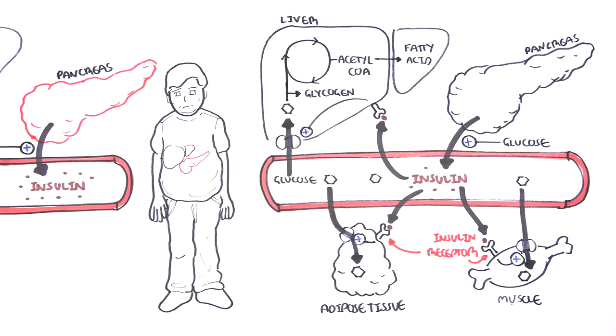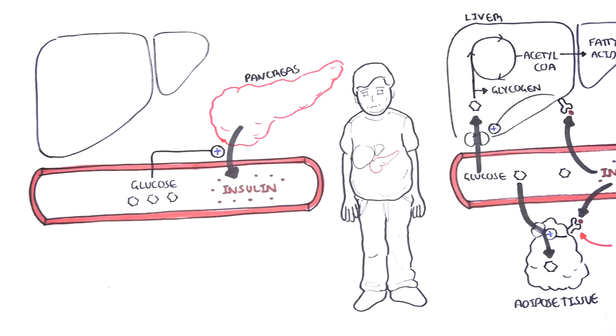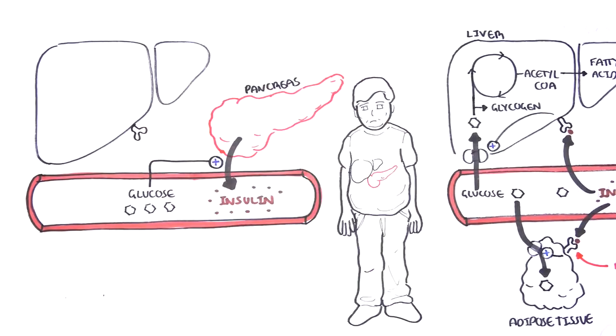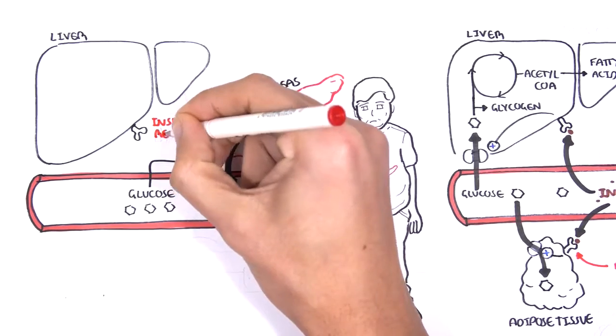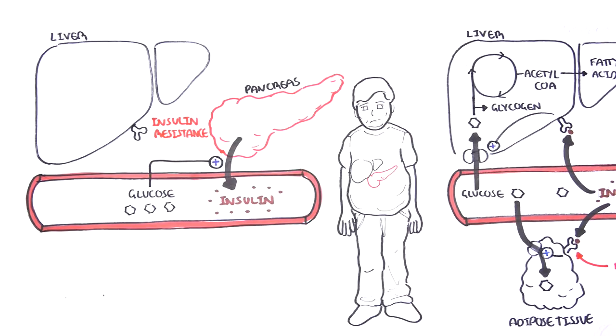So going back to our first diagram, remember, high blood glucose stimulates insulin release. In type 2 diabetes, there is insulin resistance, which means that the receptors insulin works on usually do not actually work properly or as effectively.